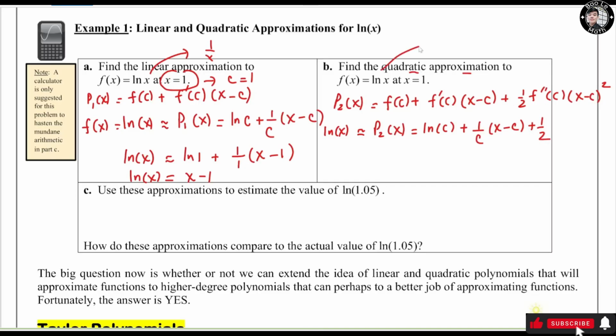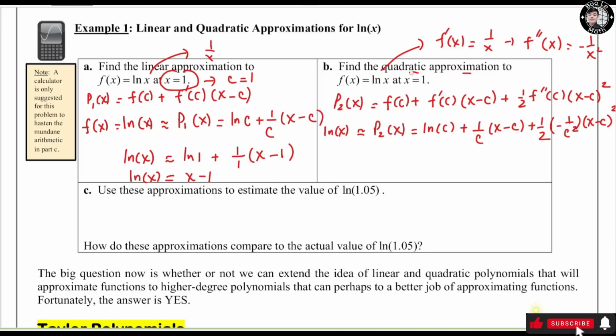So we have f prime of x equals 1 over x, and f double prime of x equals negative 1 over x squared. So you have times negative 1 over c squared, times (x minus c) all squared.